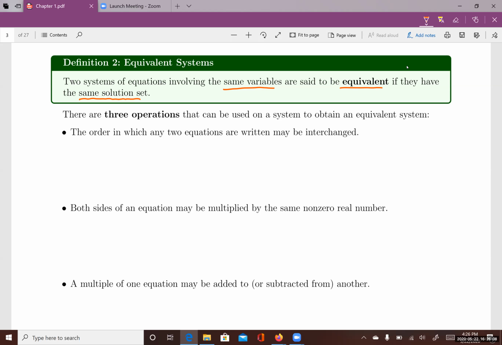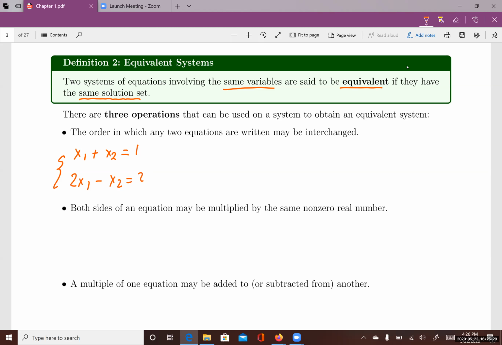The first operation is you can interchange the order of any two equations in the linear system. Let's say, for example, I look at this 2 by 2 linear system.